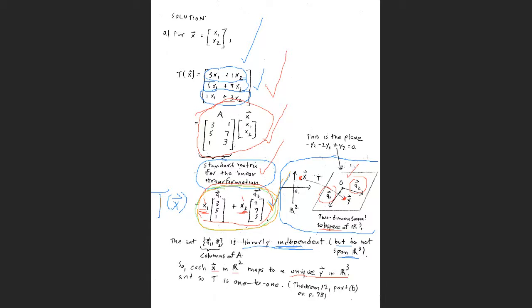So every vector x gets mapped to a unique vector y in R cubed. It has to be that way.